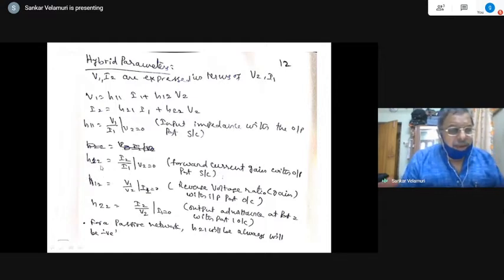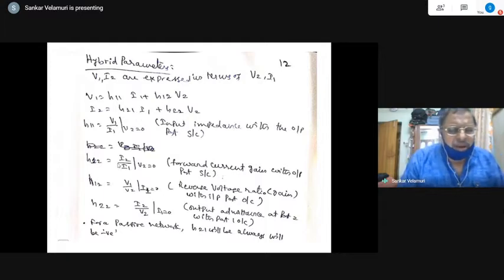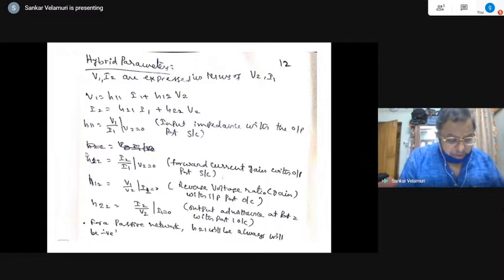Anyway, this is the last one which I would discuss: inverse transmission parameters and inverse hybrid parameters. Generally, they are not used much. So far, nothing has been given on them in the GATE examination, as I observed. There are not many complex problems on these.